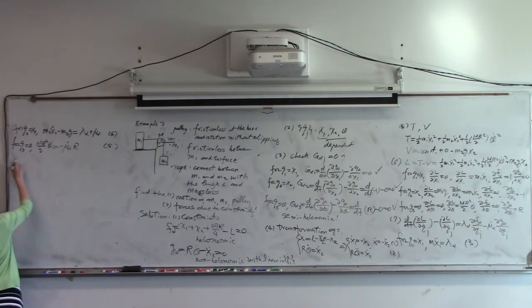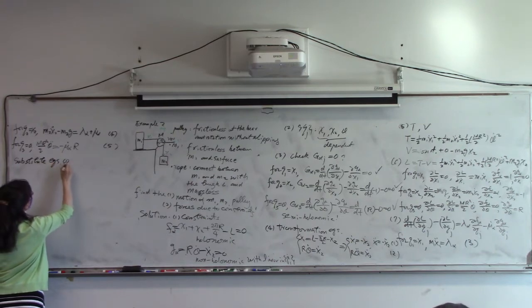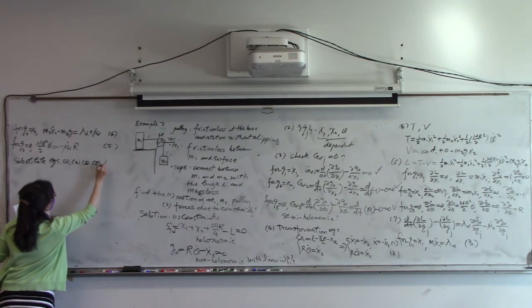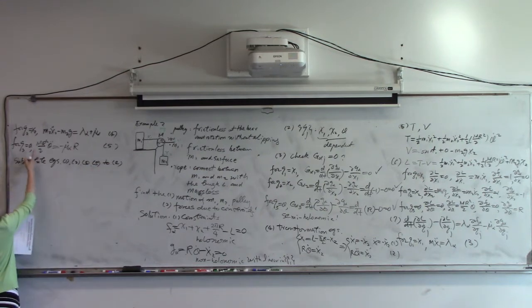So that means substitute equations 1, 2, 3, 5 into equation 4. Now the left hand side: m2 x2 double dot minus m2g, right?